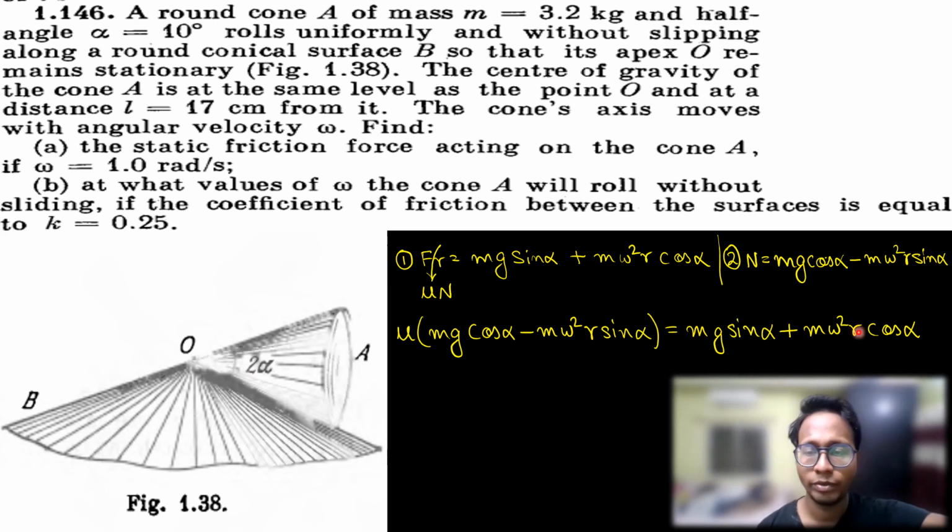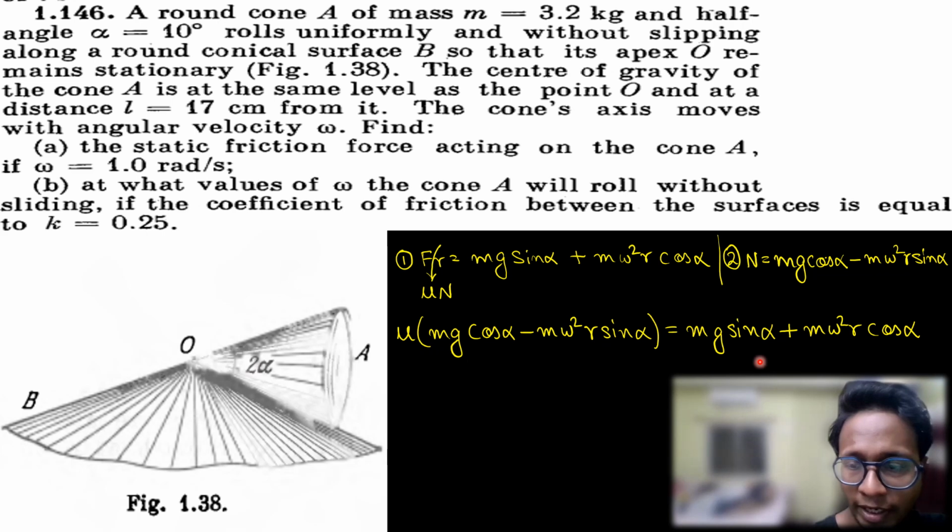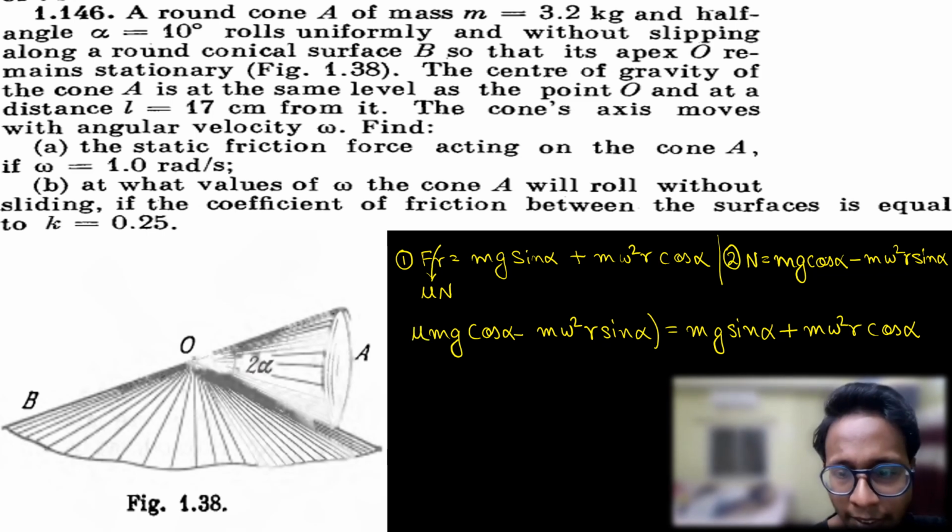So I have to isolate omega from this equation. Just multiply mu inside the bracket, so mu mg minus mu m omega square r.